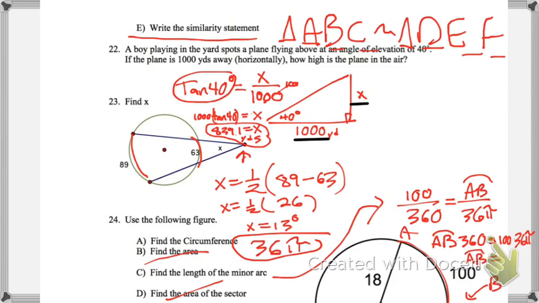So we end up with 100 times 36 pi, divided by 360 degrees. And our resulting calculation ends up being 31.42. So that measure of arc AB is 31.42. Okay.